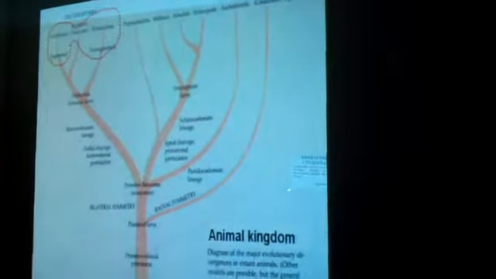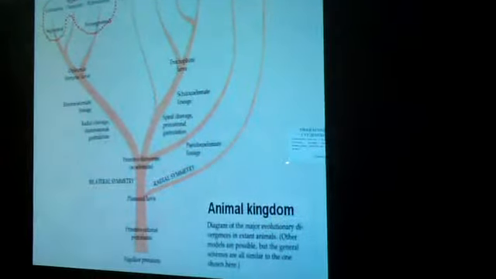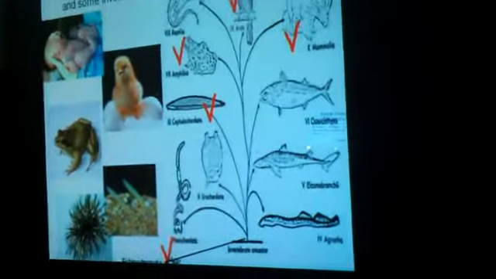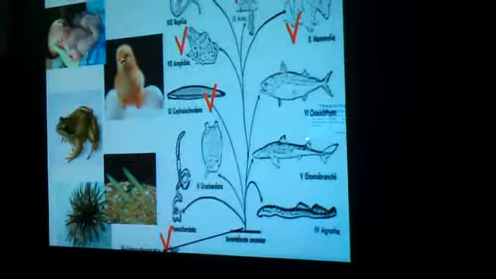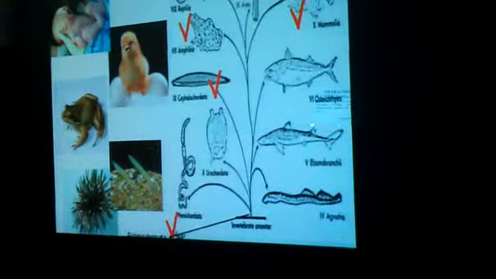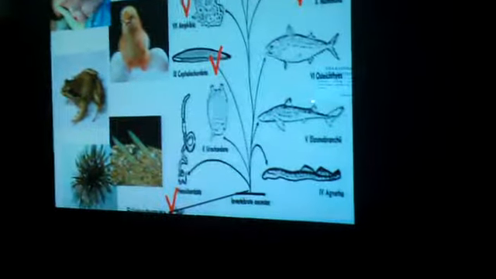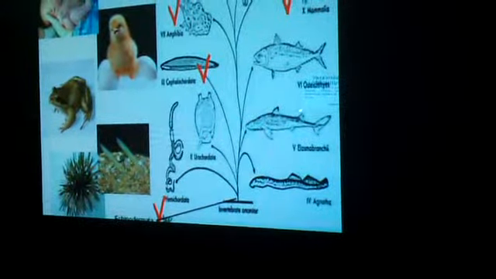Then, this is the animal kingdom. We study only chordates, and vertebrates. We do not study all the other animals, because human is a vertebrate. So once again, here you see red ticks at animals which we are going to study.